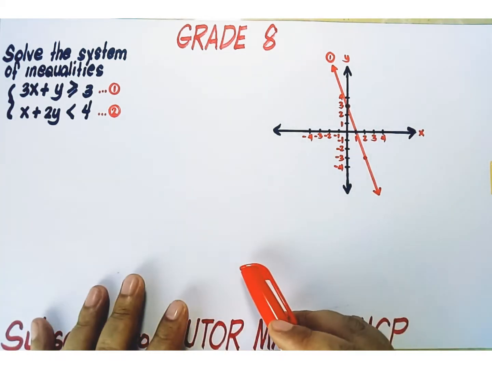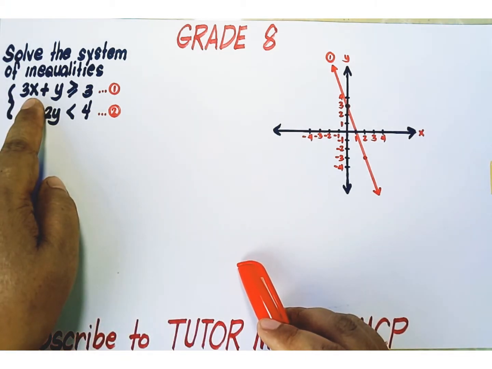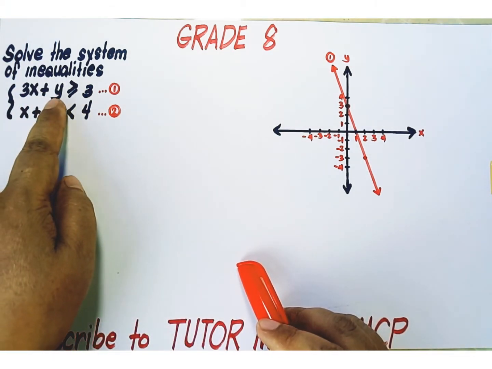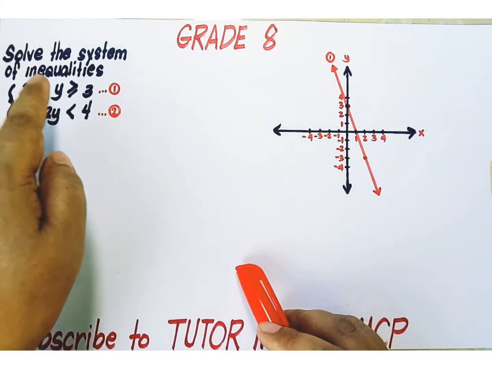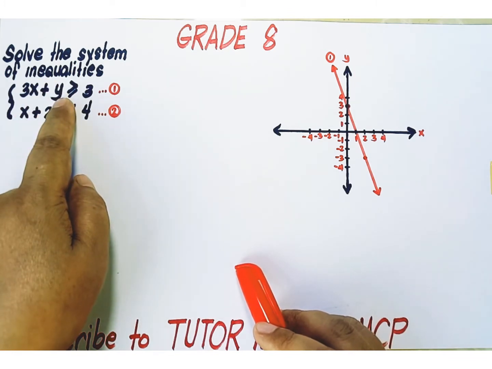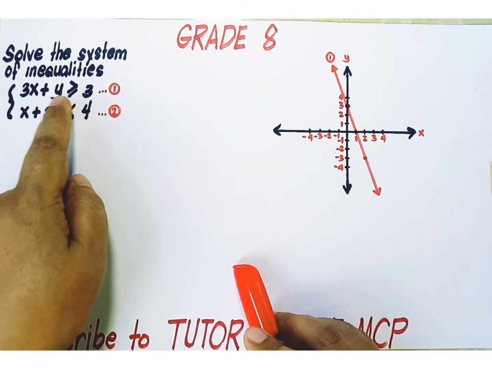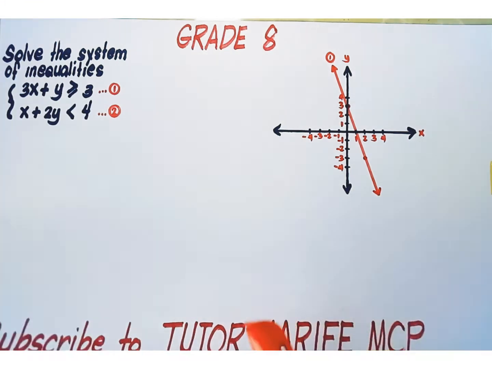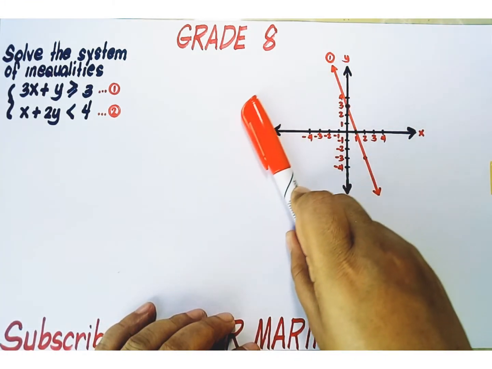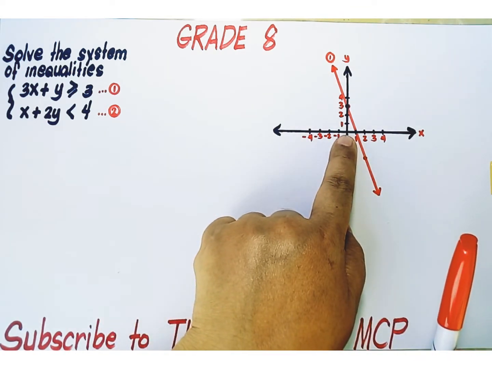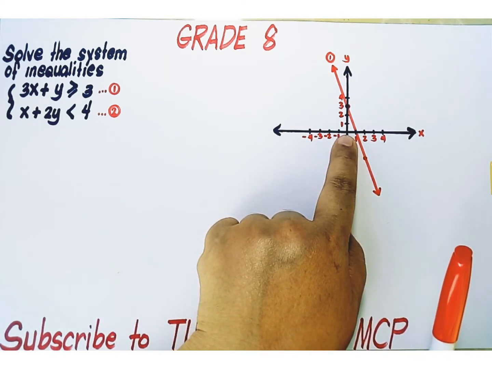So we are going to plug 0 into x, 0 into y, and find out if we are going to end up with a true or false inequality statement. If we end up with a true inequality statement, then we are going to shade the half plane that contains the test point or the origin.